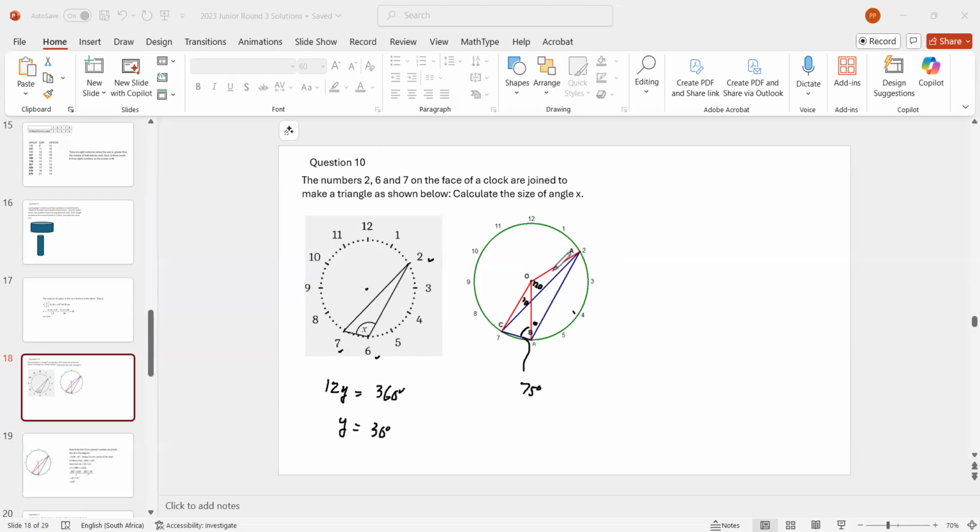And these two are the same because they are radii of a circle, so you've got an isosceles triangle. And these two dots, together with 120, give you 180. That's the sum of the angles of a triangle. So those two dots add up to 60 degrees. Both of them are equal, so each one is 30. So the dot is 30. So the angle that we're looking for, this X here, is 75 plus 30.